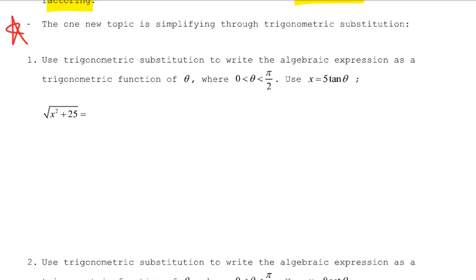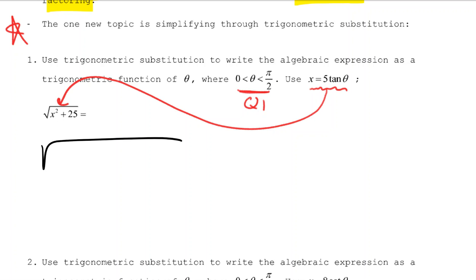Okay, so question 1 says, use trig substitution to write the algebraic expression as a trigonometric function of theta, where theta is in quadrant 1. Use that x is 5 times the tangent of theta. Usually the step that people do a good job with is they say, okay, if this is x, I will substitute that in.